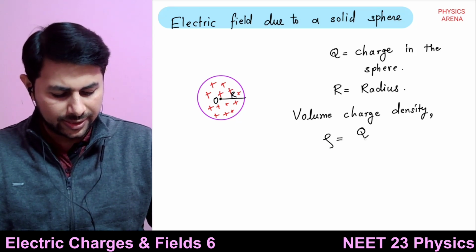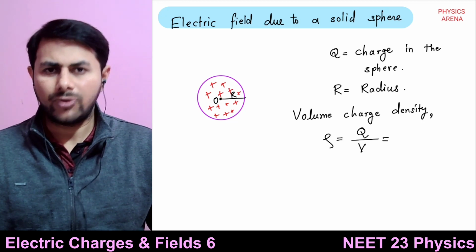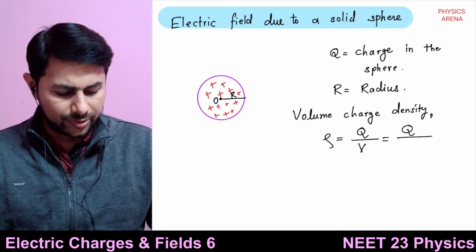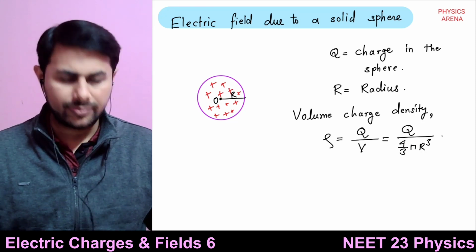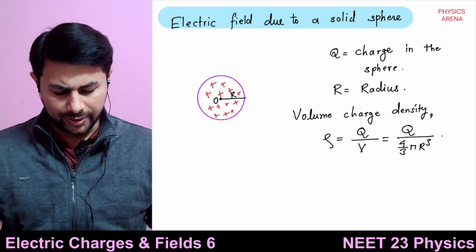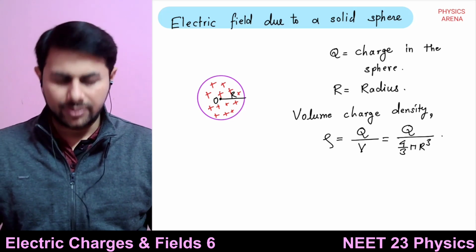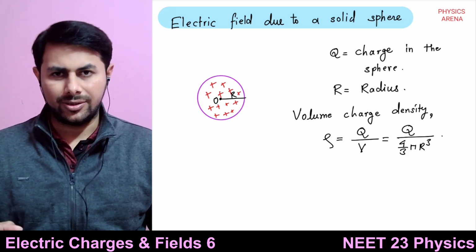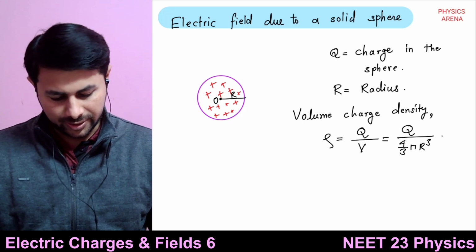Rho is charge divided by the volume of the sphere. And what is the volume of the sphere? It is 4 by 3 pi R cube, right? Okay, so then let's consider a point which is inside the sphere.